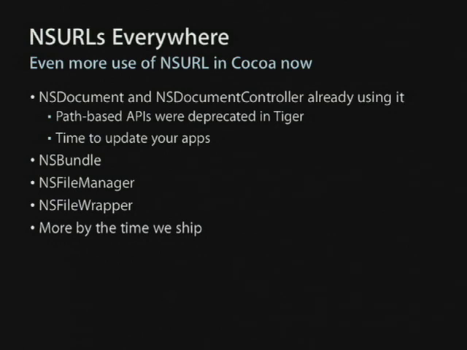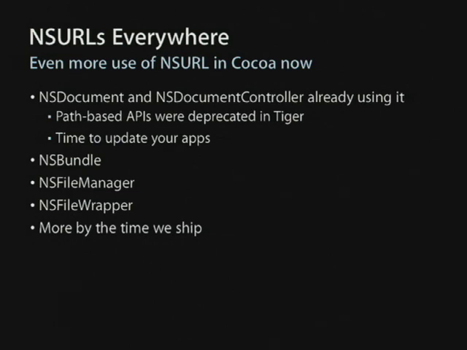So we're standardizing on NSURL, totally standardizing and adding features, and as a result, we can focus and make more use of NSURL now in Cocoa. So NSDocument and NSDocumentController have been using it since Tiger, when we deprecated a bunch of path-based APIs. Very nice bit of foresight on our part.